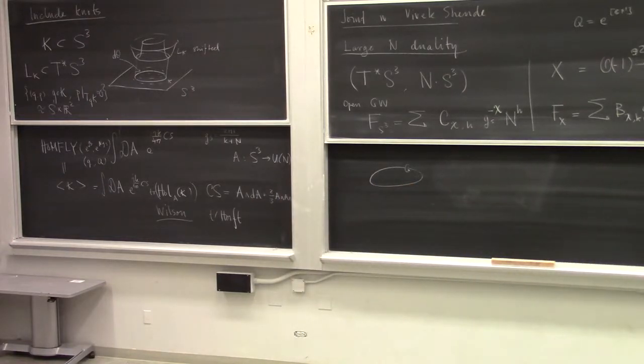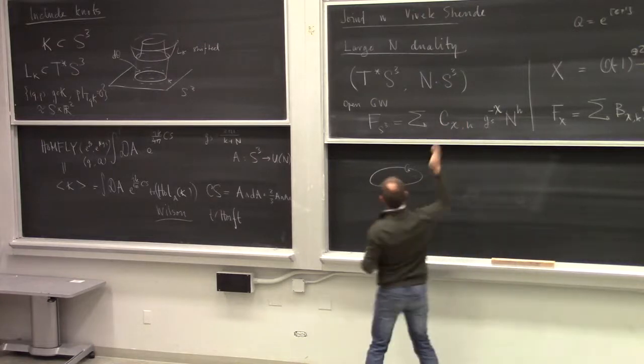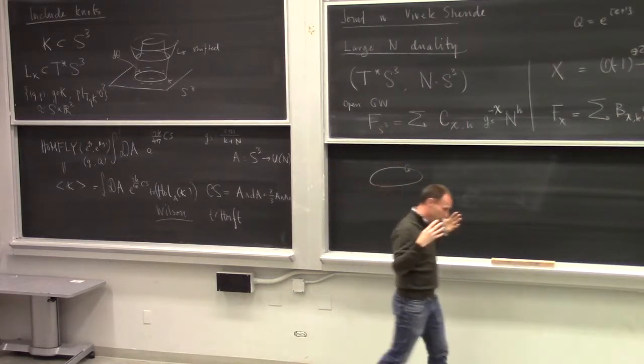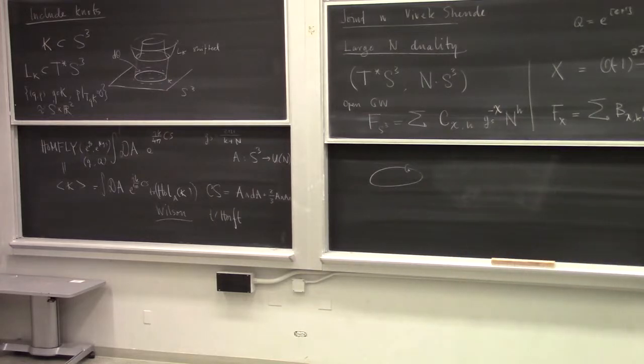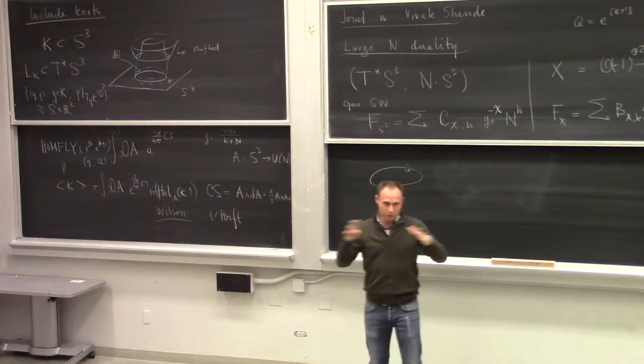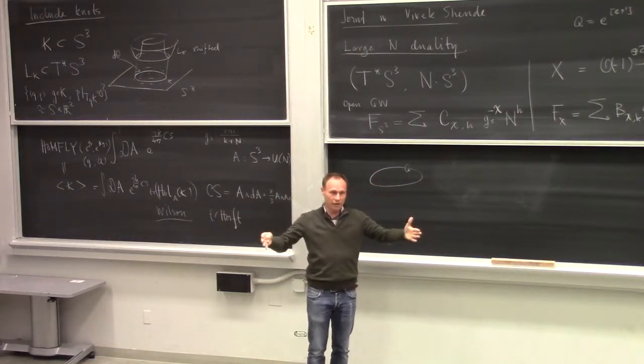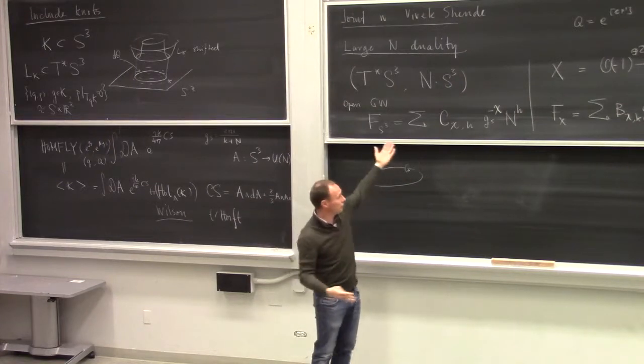And so from one point of view, I was always a little bit confused about that. When you do this open Gromov-Witten theory, you write up some path integral that localizes on the space of holomorphic curves with boundary, and then you should do an integral over there to compute the partition function.